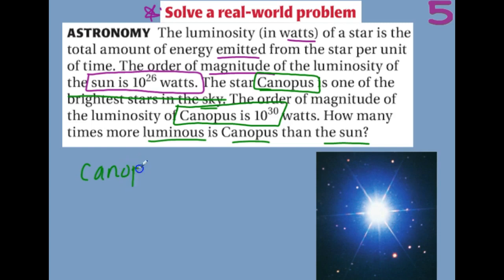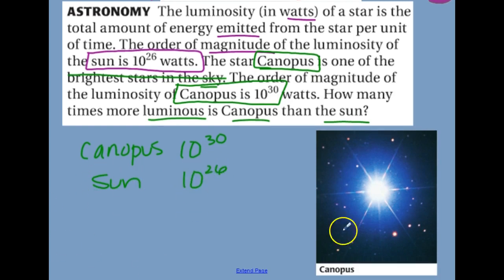Well, Canopus, we just said, was 10 to the power of 30, and the sun was 10 to the power of 26. So they're asking us how many times more luminous, or how much more bright is it? Well, this one was only to the power of 26. This is to the power of 30.